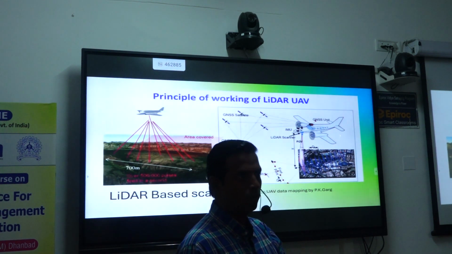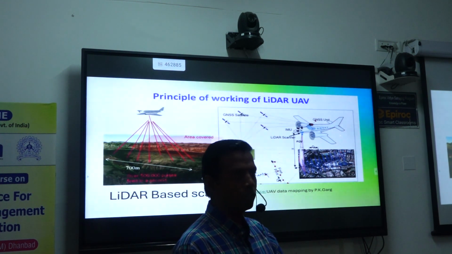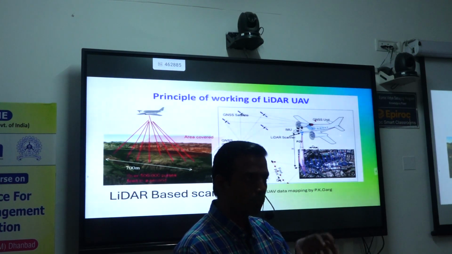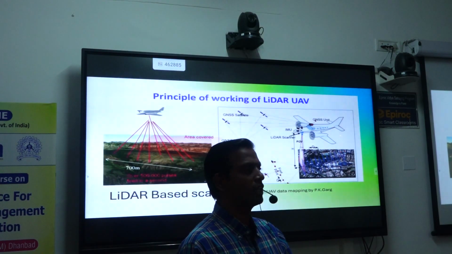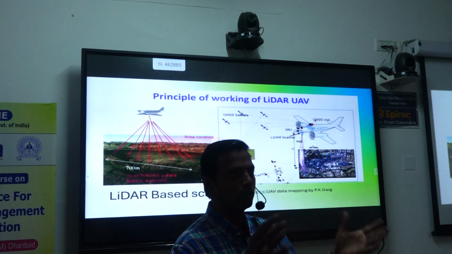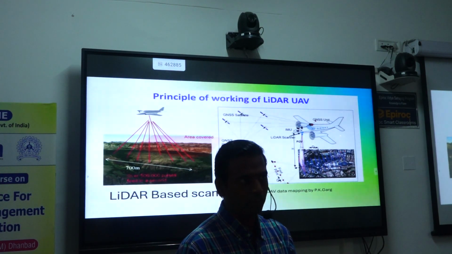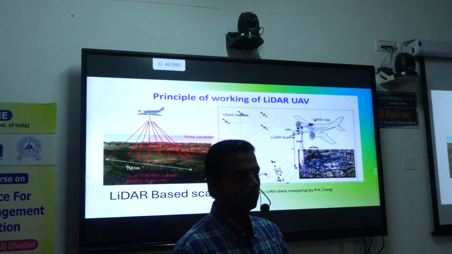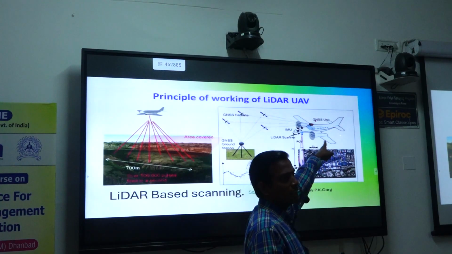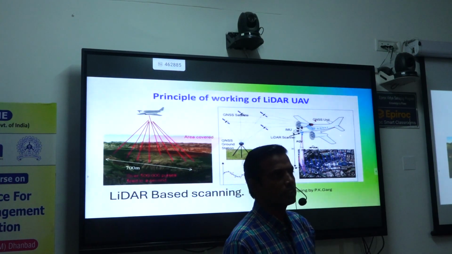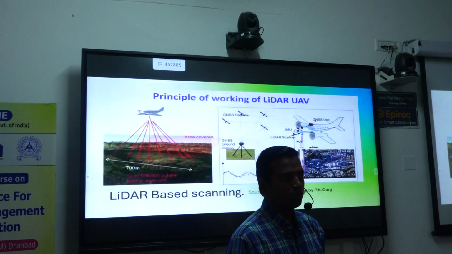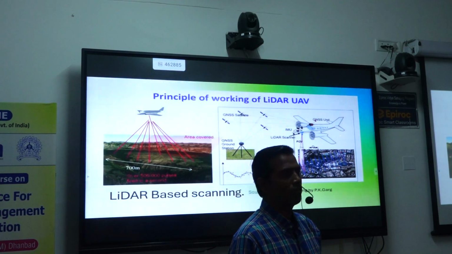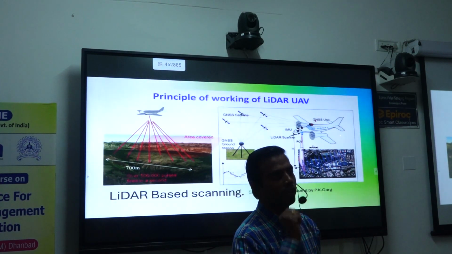Earlier only photographs were collected; here instead of photographs, 1,000 points are collected. If I know the x, y, z of 1,000 points, the complete topographical map is prepared. Okay? But how do I get the x, y, z? You can enable a precise GNSS in the particular UAV. That GNSS will give you the x, y, z of each and every point.